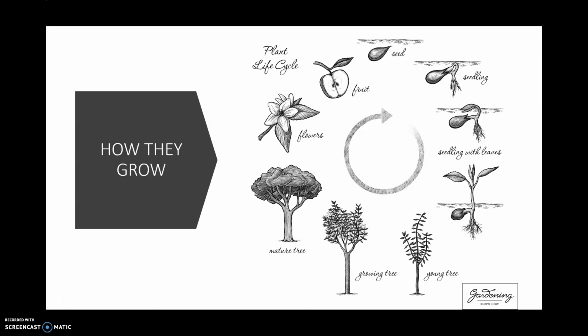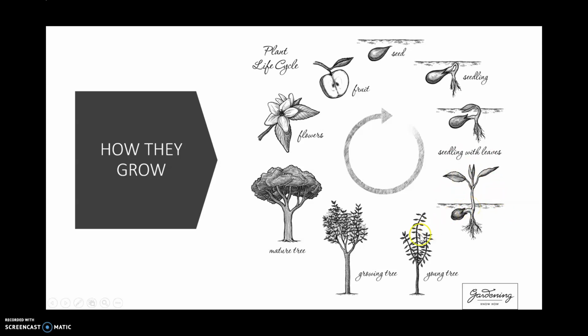Then the young plant pushes the first leaves above the soil, as you see here. Now the energy in the seed is gone, and hopefully the leaves will be able to create food for the plant by photosynthesis.